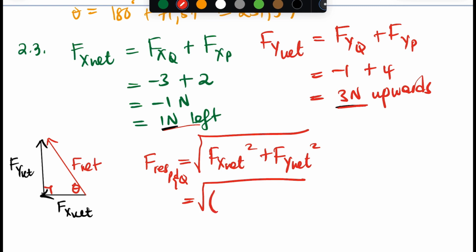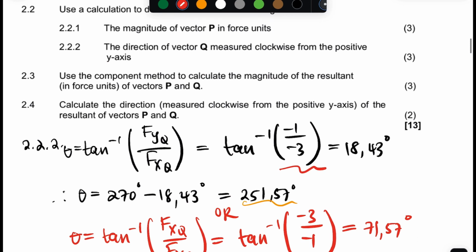Very important, that one. 1 squared plus 3 squared. So that will be square root of 10, and the answer is 3,16 newtons, right? Very important. They wanted the magnitude of the resultant, right?